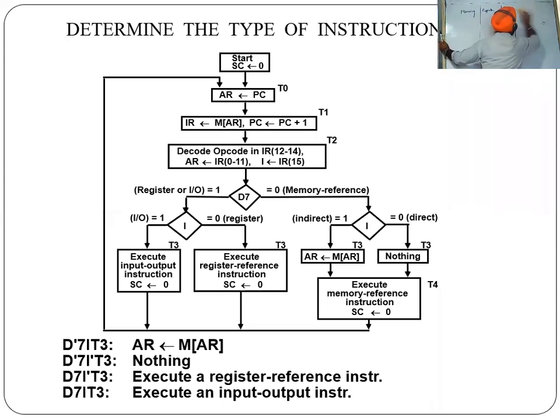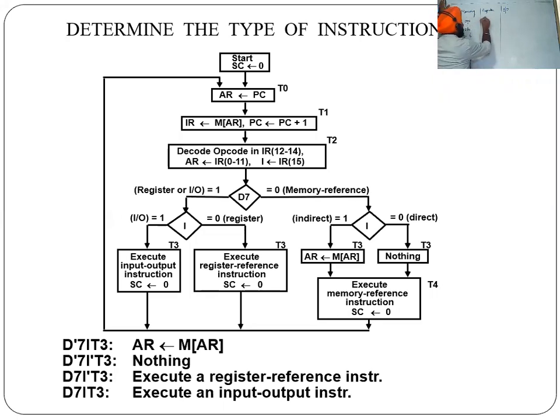And what is the main difference between these three? In case of memory reference, your operation code is 000 to 110, that is, the value is from 0 to 6. That means the value 7 is not achieved in case of a memory reference instruction, right?